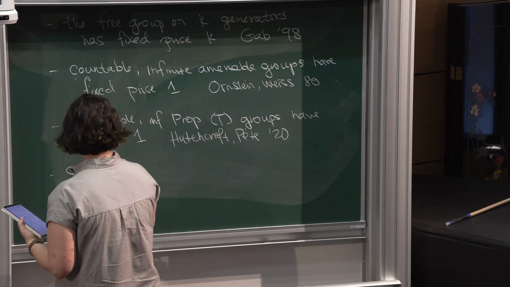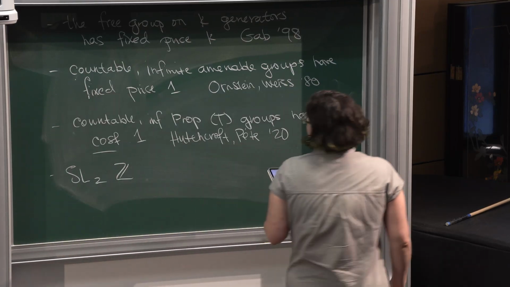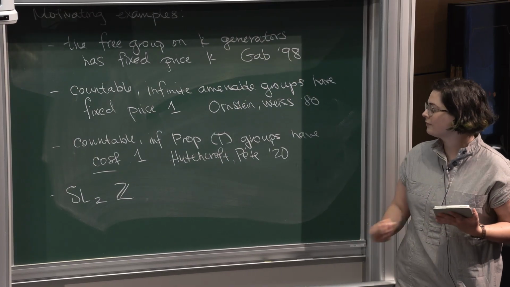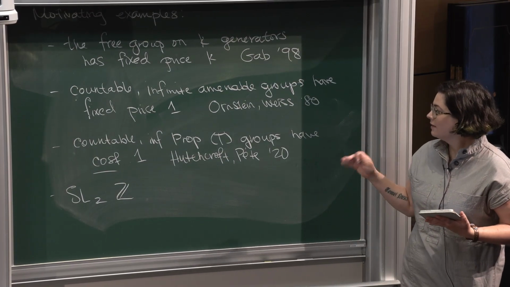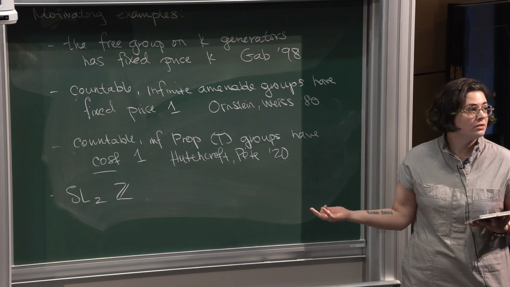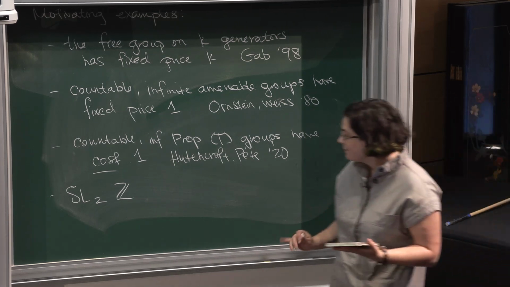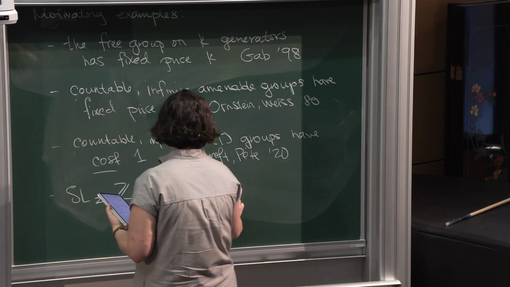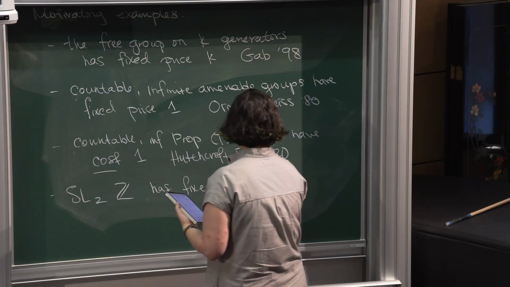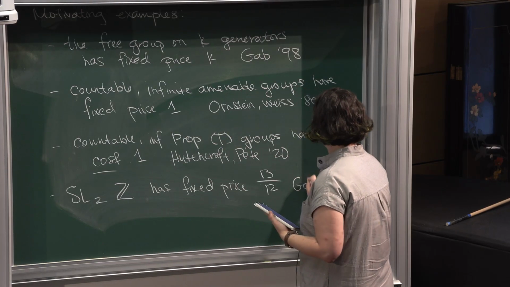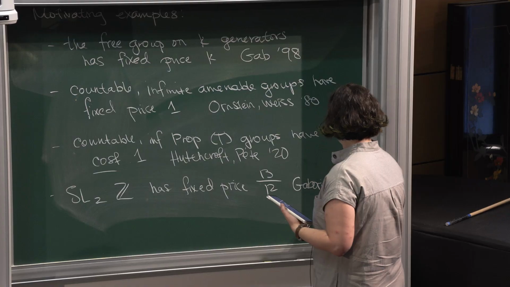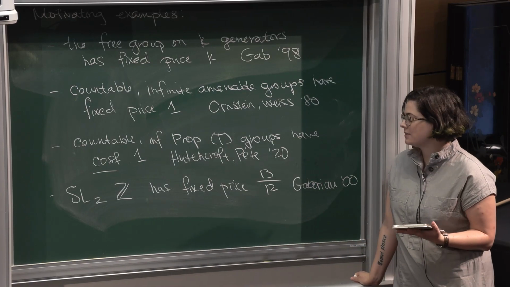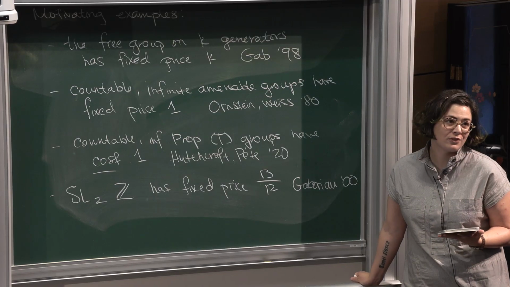Okay, and then SL2Z, which is neither amenable nor property T. Gaboriau proved that SL2Z has fixed price 13/12.